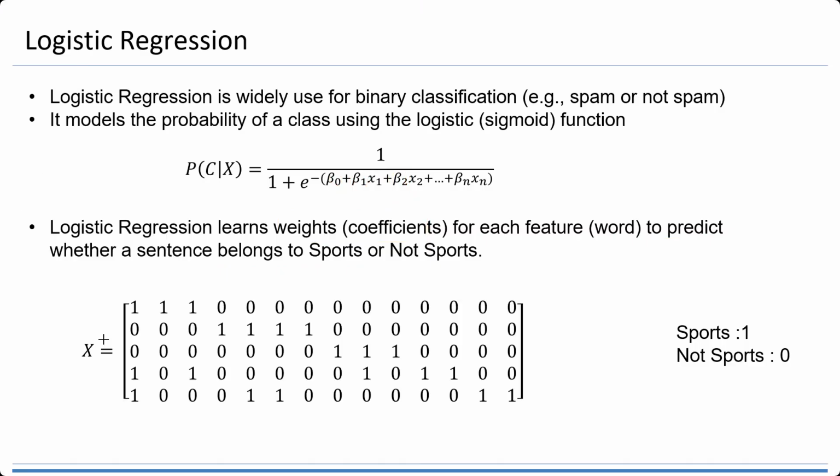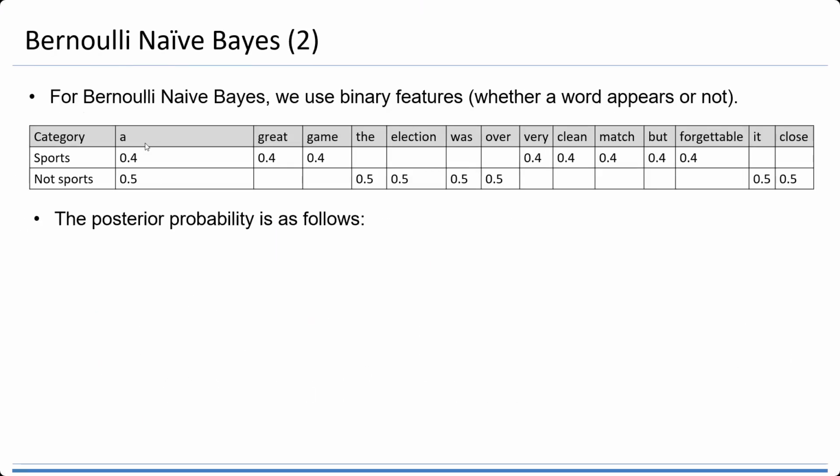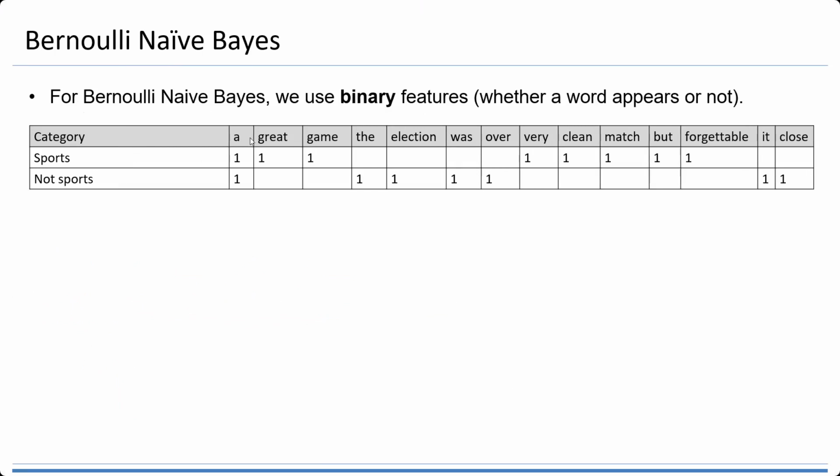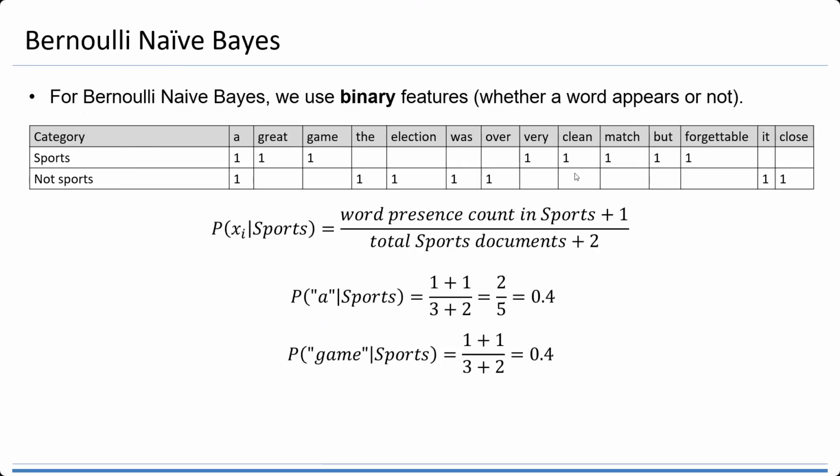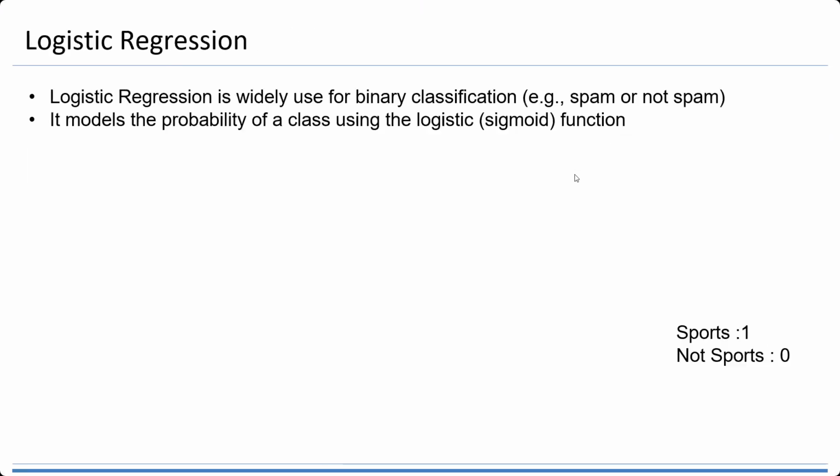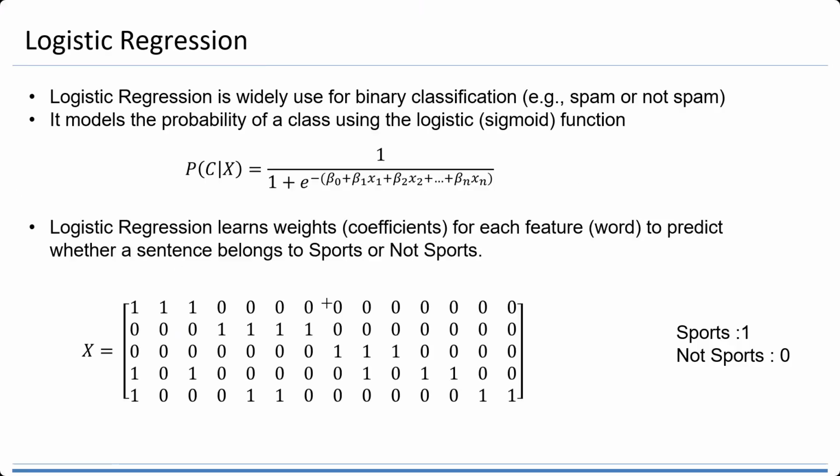Okay. So X is the features, and each of the columns represents a word. Okay. It is the word a, the word grid, the word game, the election, and so on. So we will make it into X. So X, this one, is sentence 1.